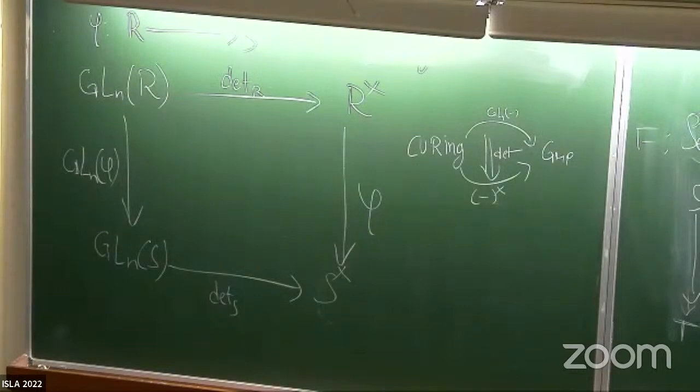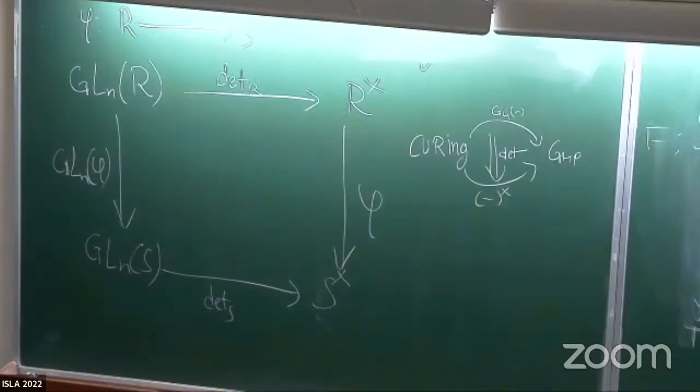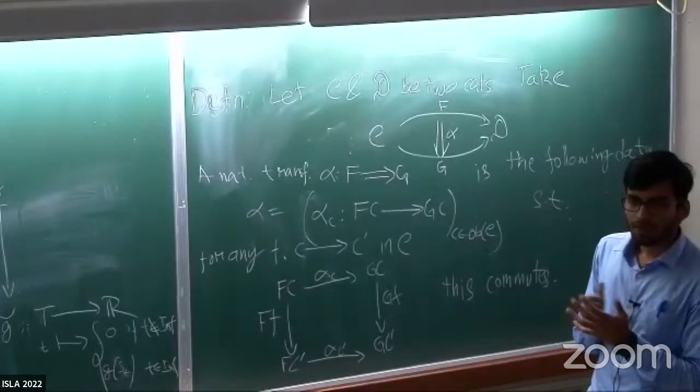No, you want an arrow of D indexed by every object of C. Yes, so it can be the empty set. Then it will not be a natural transformation. Exactly. It can exist, otherwise not.